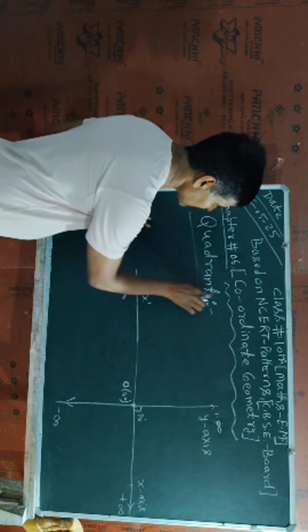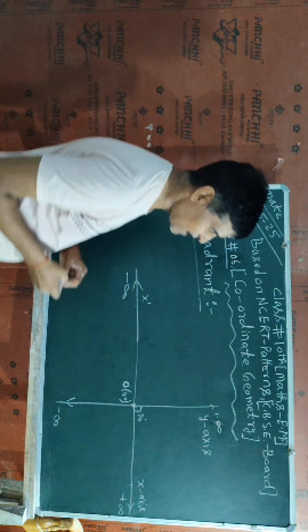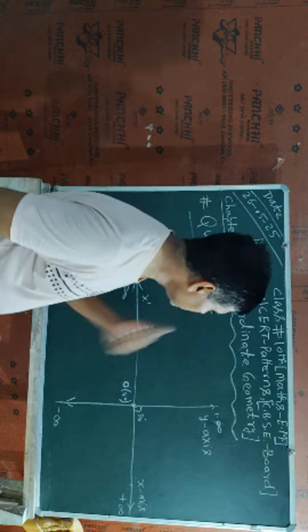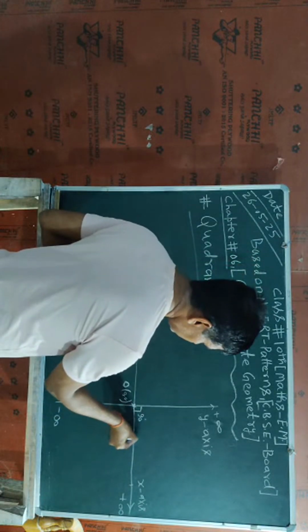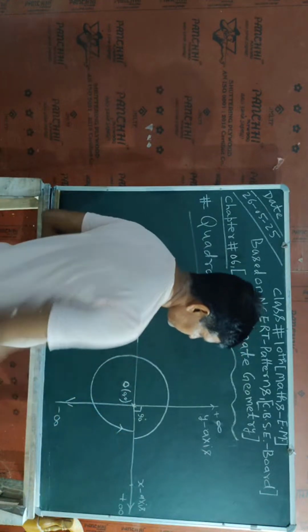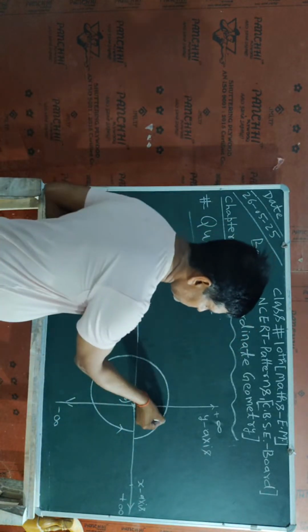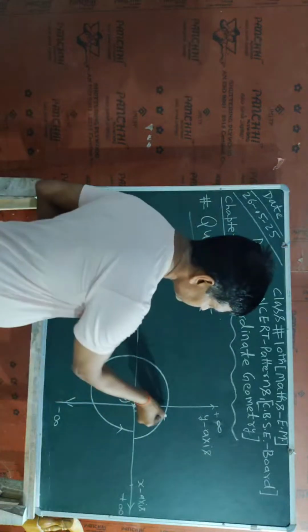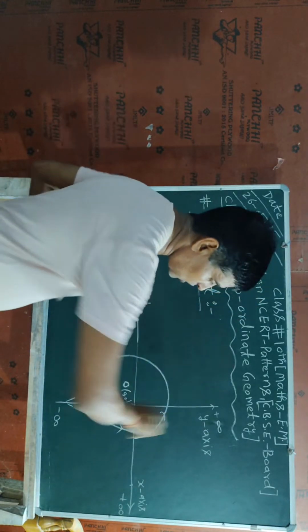Now I have to explain about quadrants. There are 4 types of quadrant, because I move in this way, in the anti-clockwise direction.